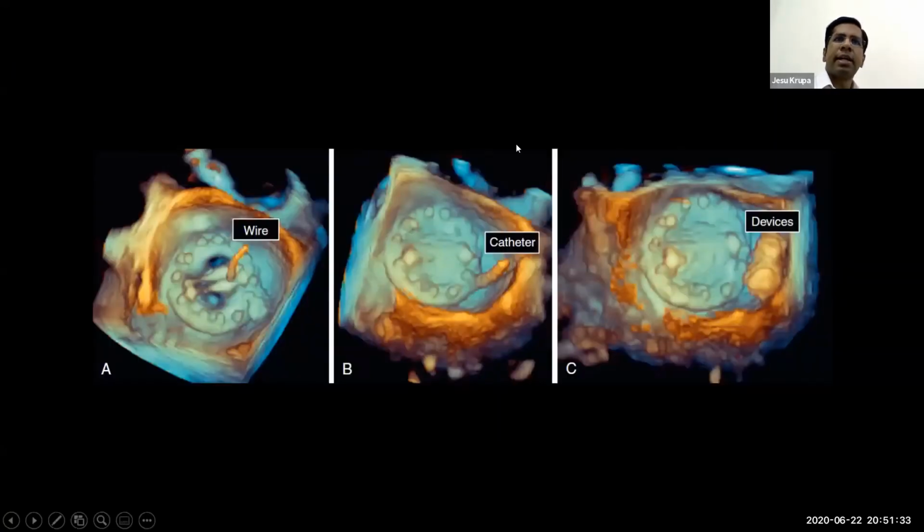So this is again an illustration from one of the articles that I found. This is how we do it. Also, this is during the paravalvular leak closure by device in the cath lab. So you can see the wire, you can see the catheter through the defect, and then you can see that there are 2 devices that have been put here in this particular position.